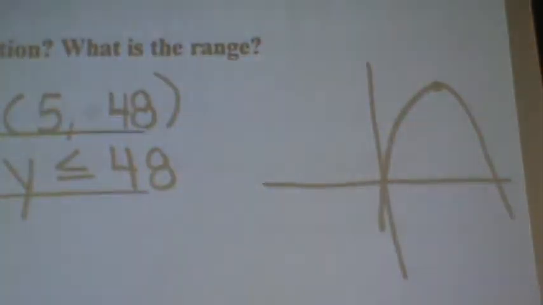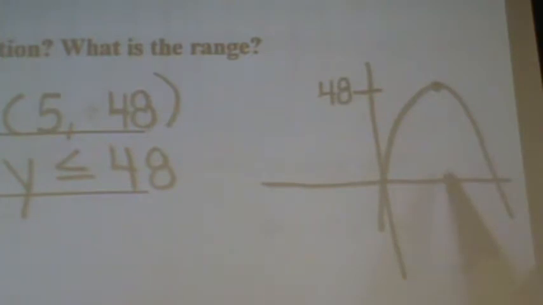Over 5, up 48, and it's upside down. So can you tell me the range on this? Y is less than or equal to 48. Yep. Y is this number right here. See, that's going to be your 48 here, and that's 5. It's not drawn to scale, but.